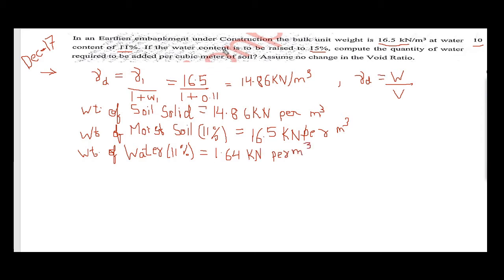Now we have to find out, when the water content is raised to 15%, what will be the bulk unit weight at this time. This was case 1, now we have to find out case 2. What will be the bulk unit weight?